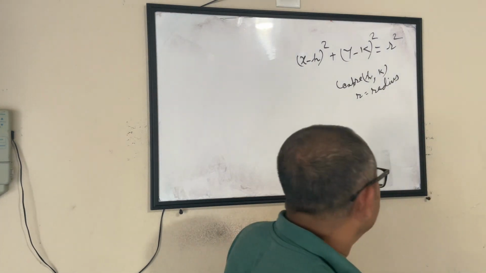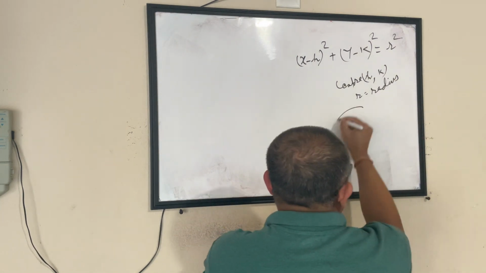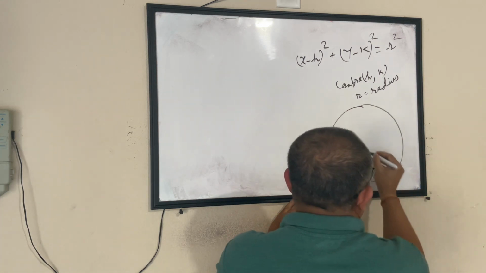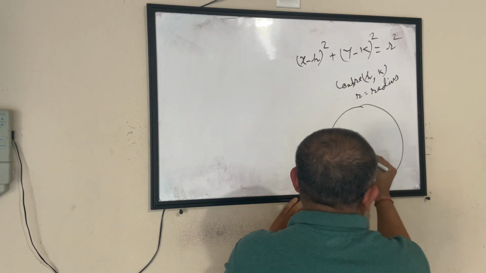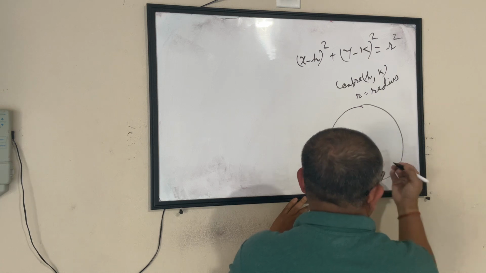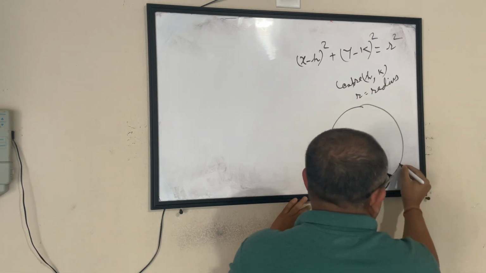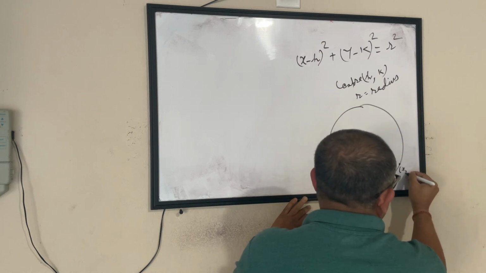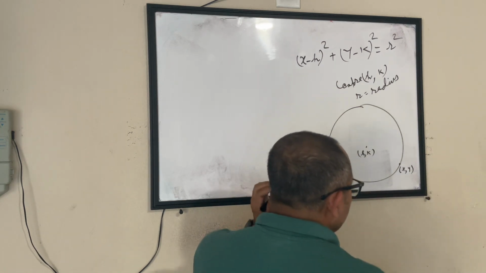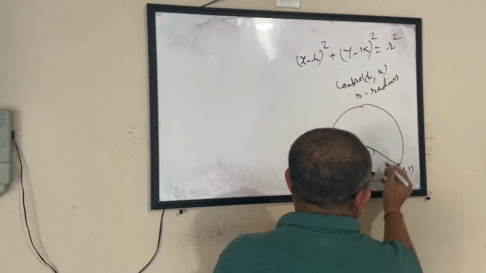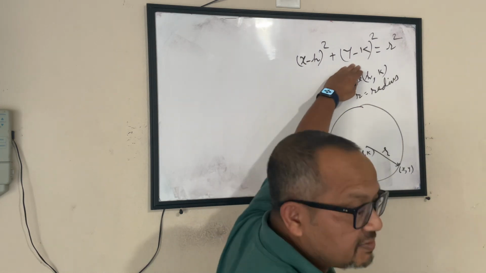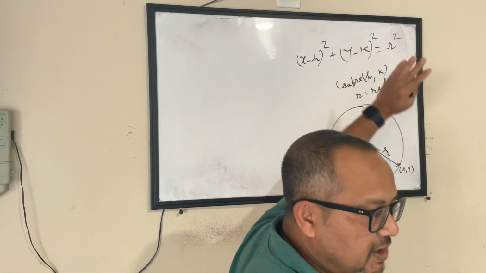And you can use this equation for representing any circle for that matter, where this will be your h comma k, this is the coordinate of the center, and x and y is any point on the perimeter. The radius will be represented by this equation. Is this part clear so far?